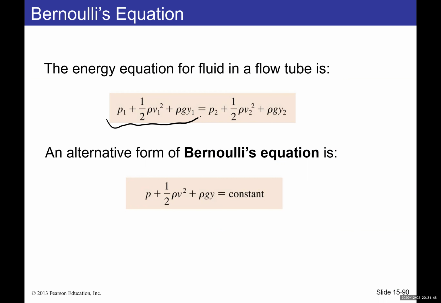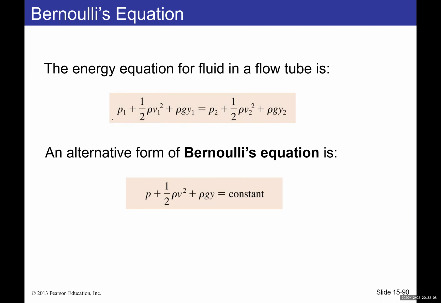Here, the energy at point 1 is the pressure P1 plus 1/2 rho v1 squared plus rho g y1, which is the kinetic energy and potential energy, plus the contribution from the work done at point 1. This equals the kinetic energy, potential energy, and work contribution at point 2.